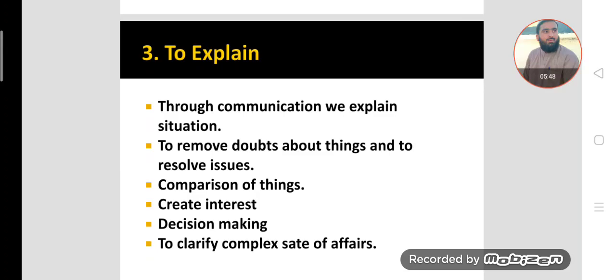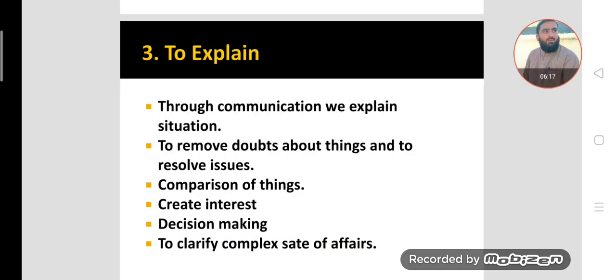The third one is to explain. It is also one of the functions or purposes of communication. We can say it is a main objective of communication. Through communication, we explain situations. For example, if there is ambiguity in a situation or in circumstances, sometimes we have doubts.